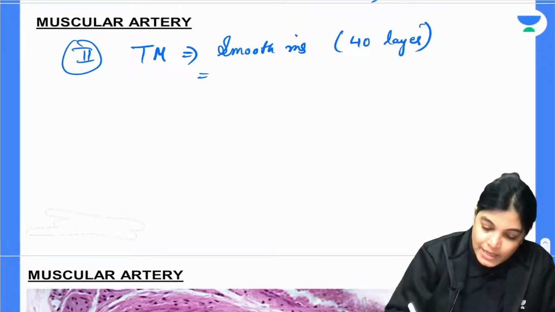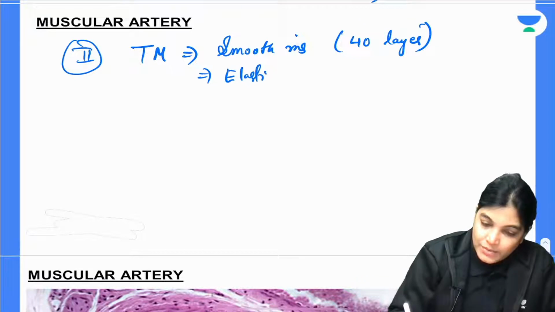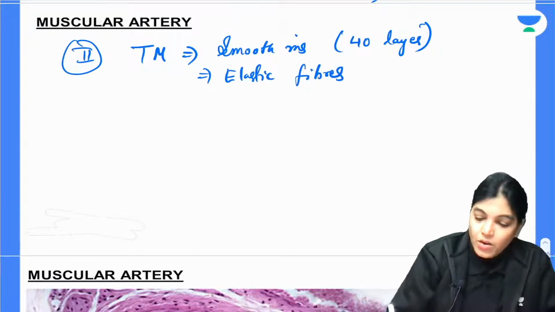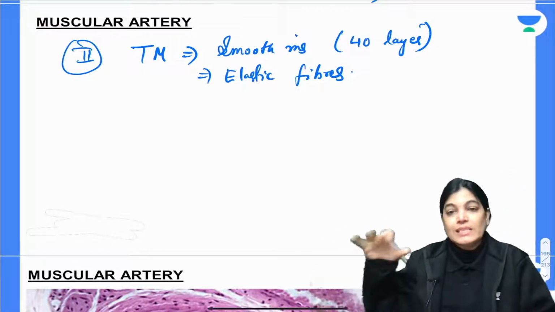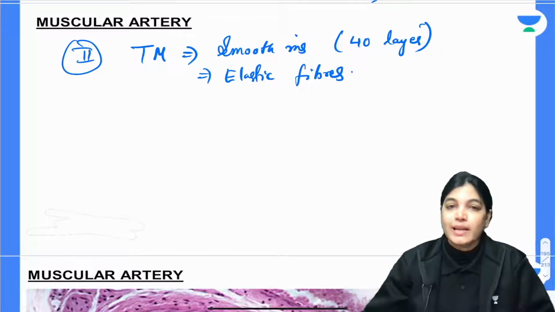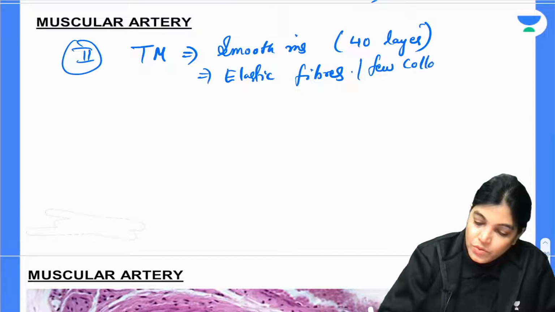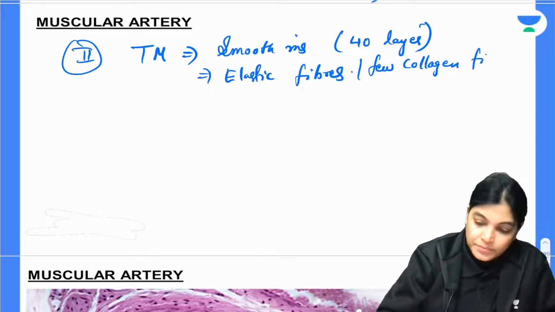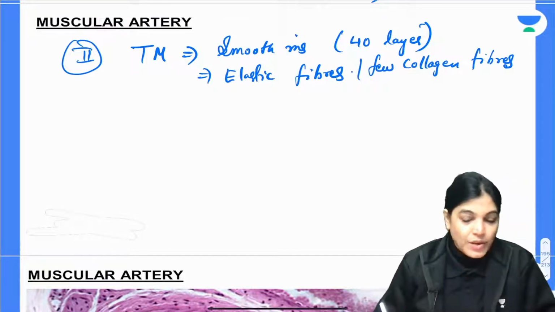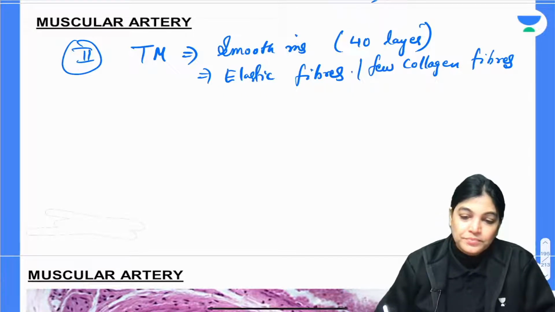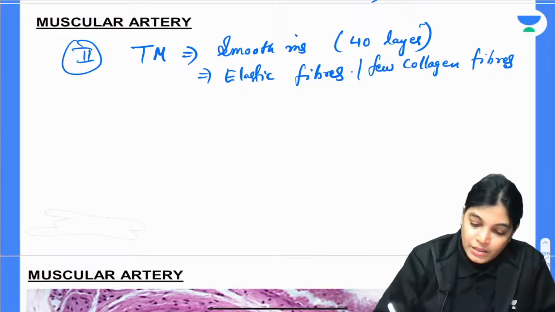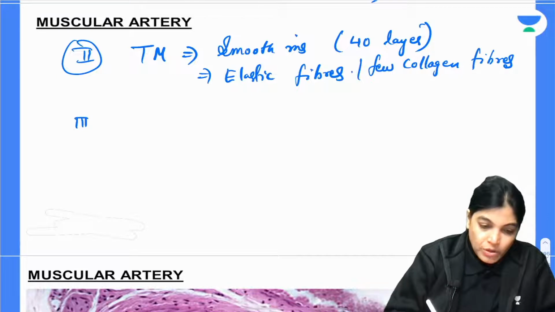It also has elastic fibers, but the quantity is less compared to conducting vessels or elastic arteries. Few collagen fibers are also there. And I have already mentioned the smooth muscles.